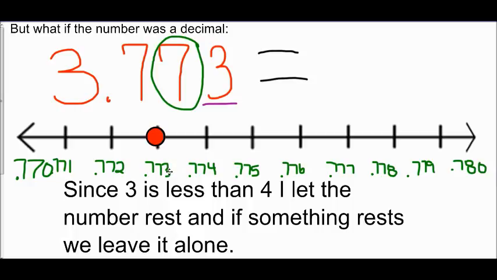And I remember that good old rhyme from before, that since 3 is less than 4, I let the number rest. And if something rests, we leave it alone. I'm going to go down this way because I'm going to round down. My answer will be 3 and 770 thousandths, because I'm rounding down.